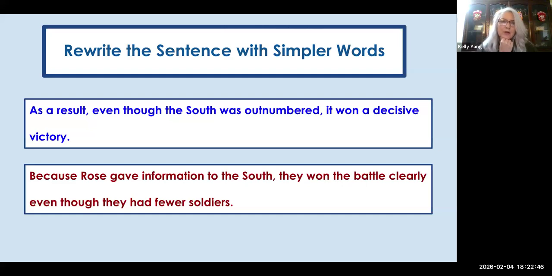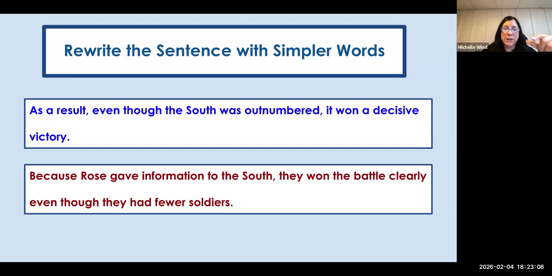And then, once you've done all of that, have the students try to, either by themselves or as a group, rewrite the sentence with simpler words. So you have that difficult sentence, but now we can rewrite it. Because Rose gave the information to the South, they won the battle clearly, even though they had fewer soldiers.